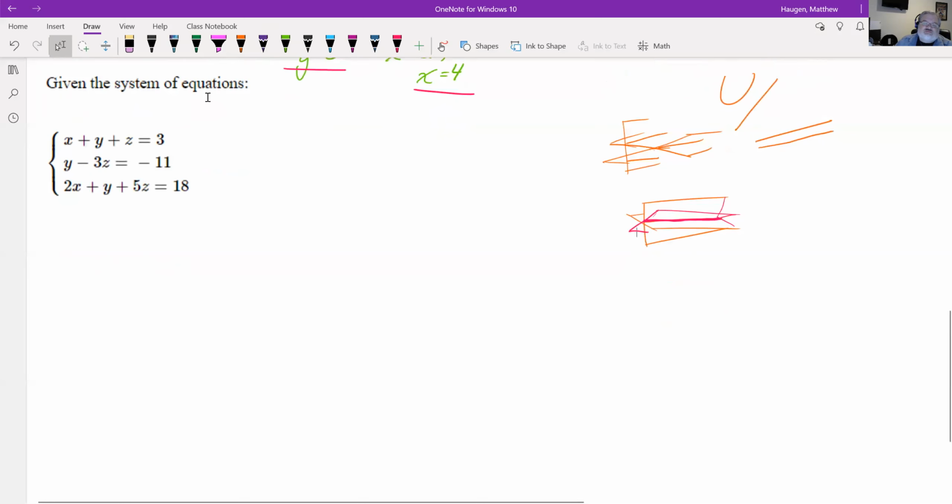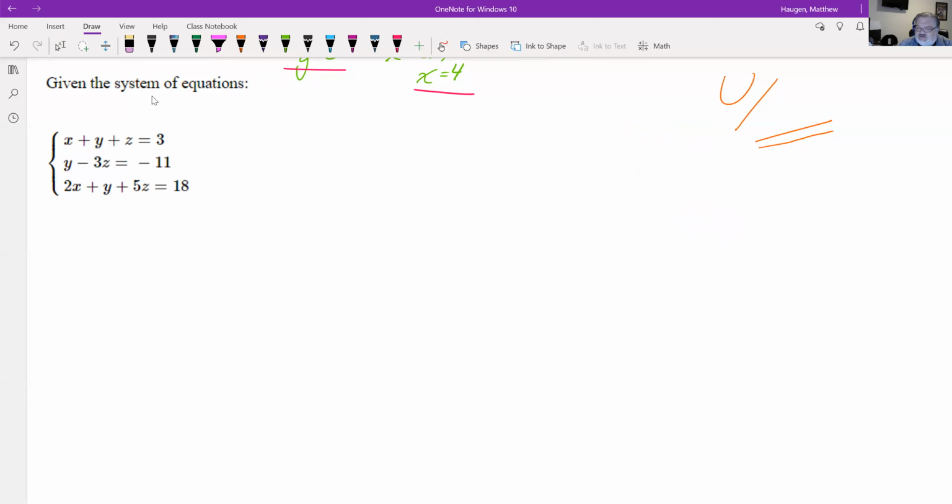Also, with this particular question, notice one of the equations doesn't have all three variables in it. Is that okay? Well, it better be okay because we have this problem to do, right?